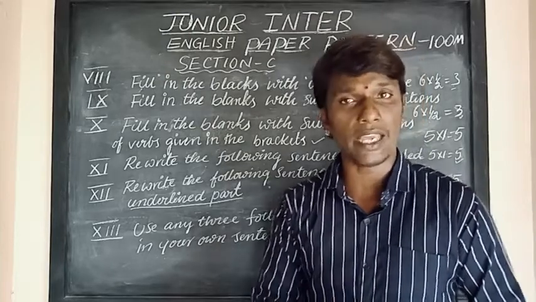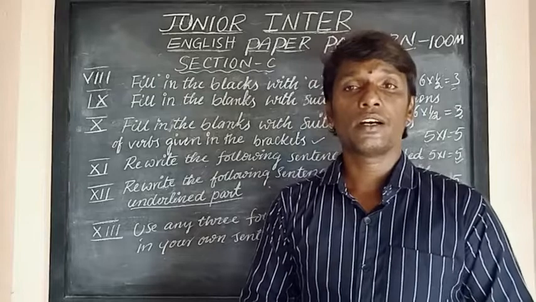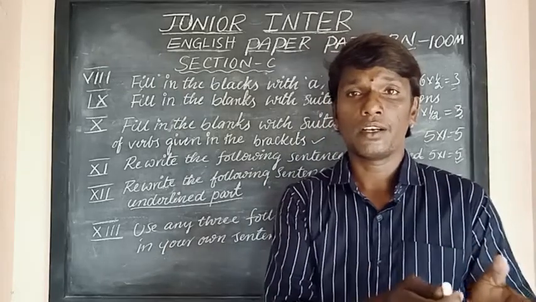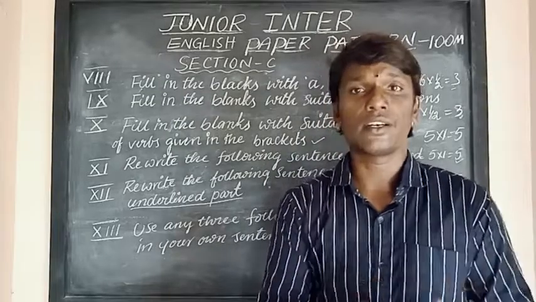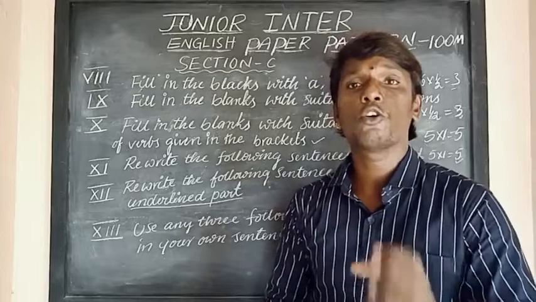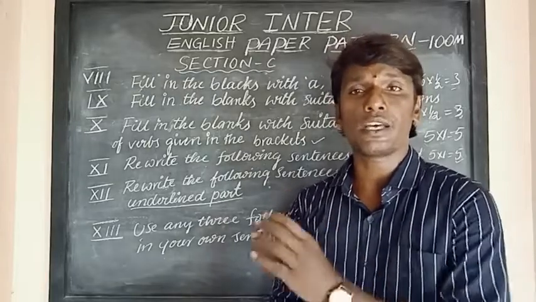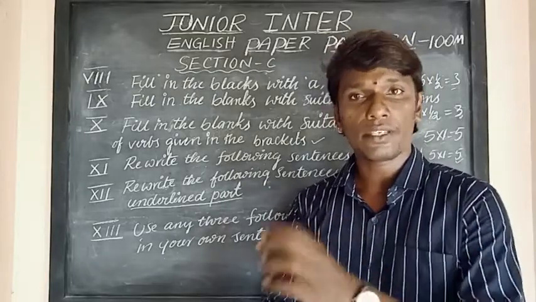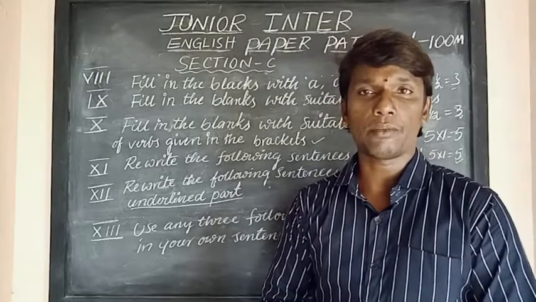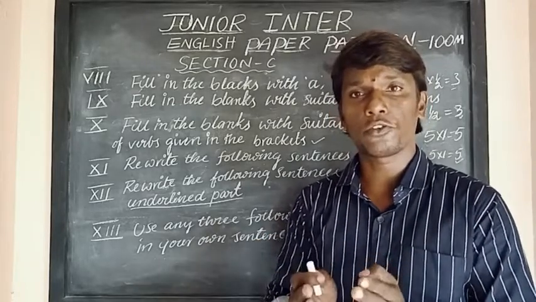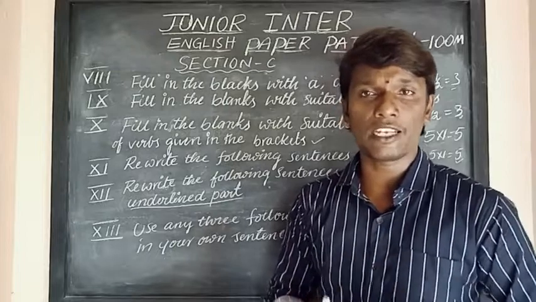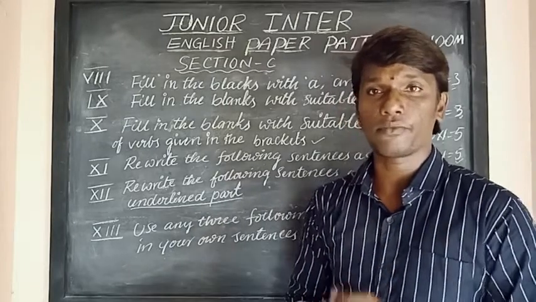You should not use an in front of useful when the noun represents the whole class. So cow is the useful animal. In such a way you should correct the underlined parts in the sentences.